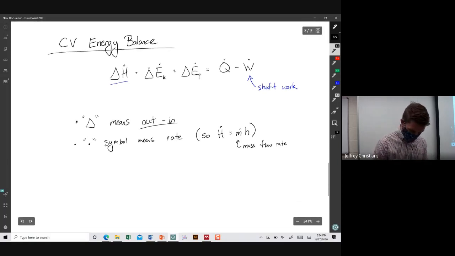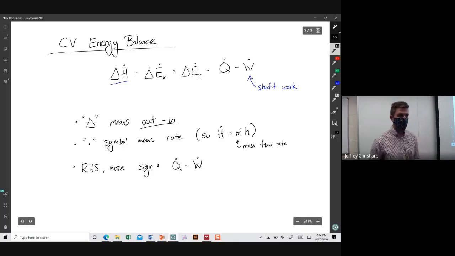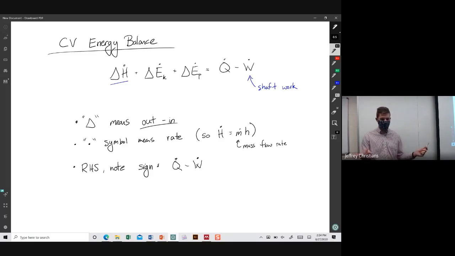And then the last thing to note, the right-hand side. So note the sign on the right-hand side, Q minus W. The reason that this energy balance all works out is because of how we're tracking where energy is going. We're saying that the total amount of energy in equals the total amount of energy out.